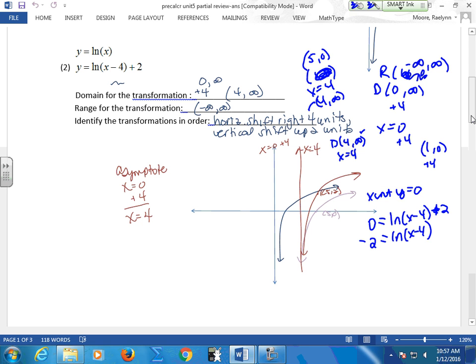If it helps you, turn this around. When I have a log on one side of the equal sign, my goal is to flip this to an exponential equation. I can't take my log away. I can't add a log to the other side. I know that my base is e, so I say e to the negative 2 power is equal to x minus 4.